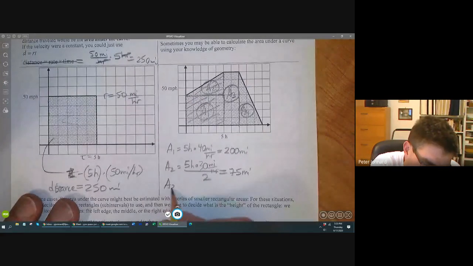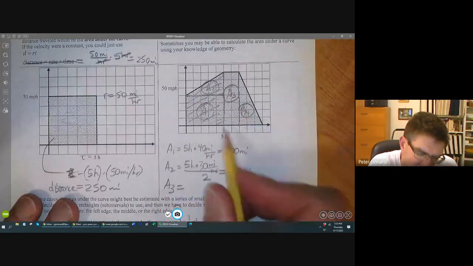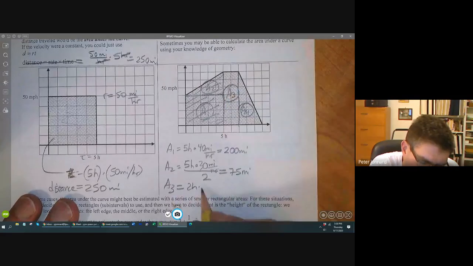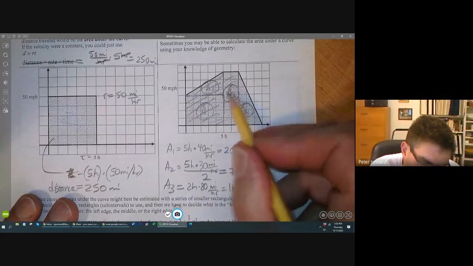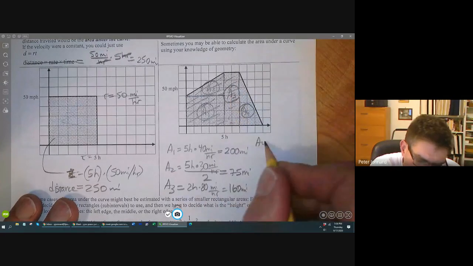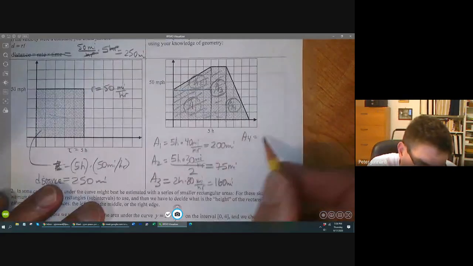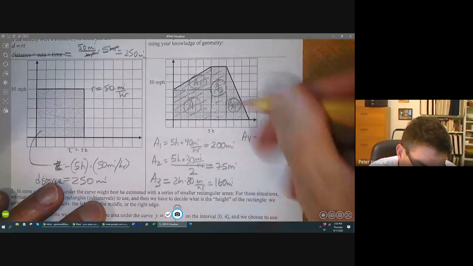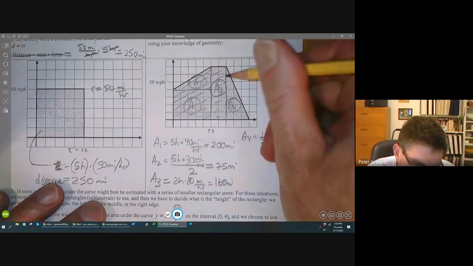Okay, area 3 is base times height. It's 2 hours times 50, 60, 70, 80 miles per hour, or 160 miles. So that takes care of area 3. And then finally, area 4 is another triangle. So it's 1/2 of the base, 1, 2, 3 hours, times the height, 1, 2, 3, 4, 5, 6, 7.